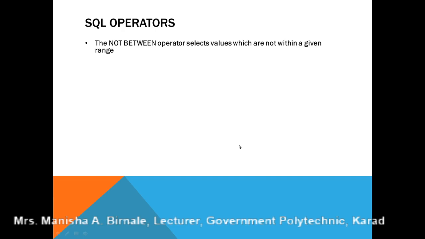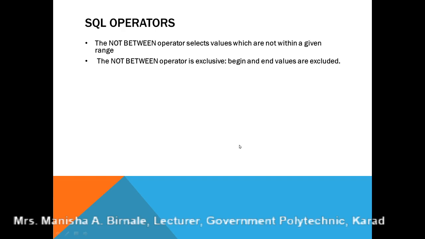Similarly, there is a not between operator. The not between operator selects values which are not within a given range. The not between operator is exclusive, means here also you have to specify begin and end values, but the begin and end values are excluded.